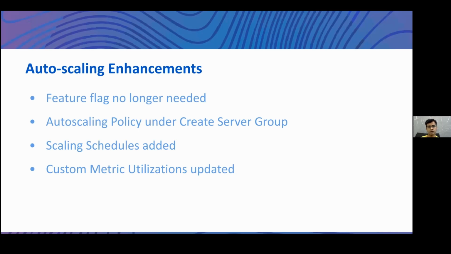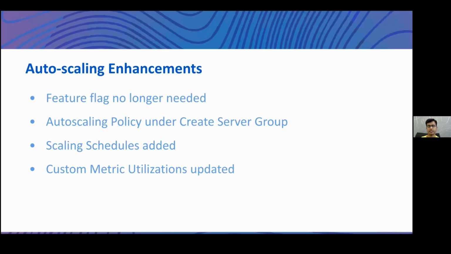Now that got changed. It is now part of create server group. That means at the time of creating the server group or instance group, you can choose autoscaling and specify that. And now scaling schedules are also added.